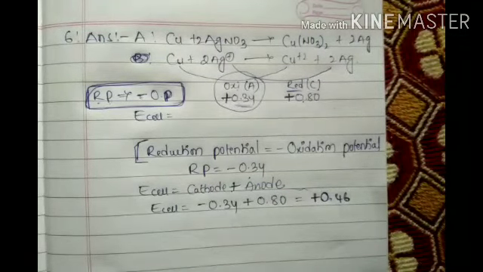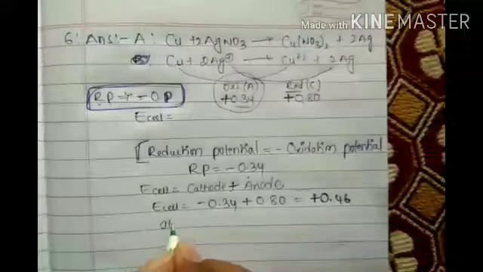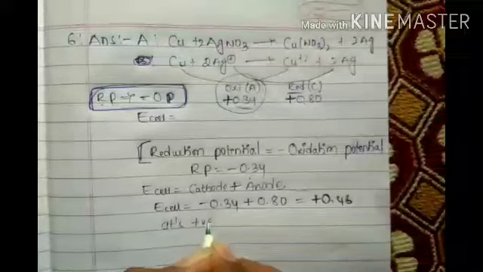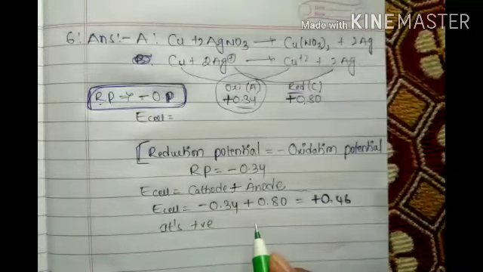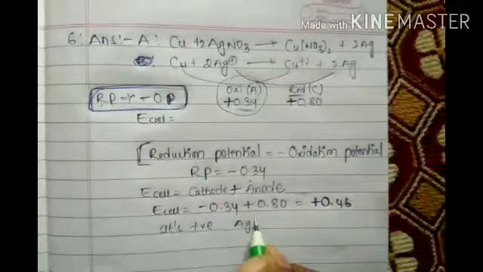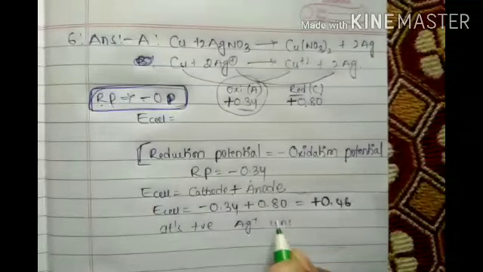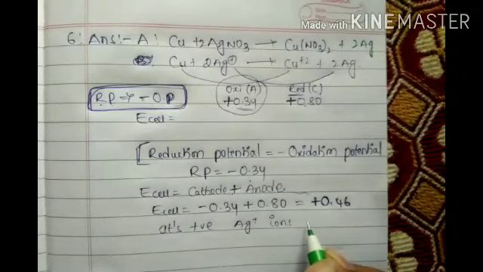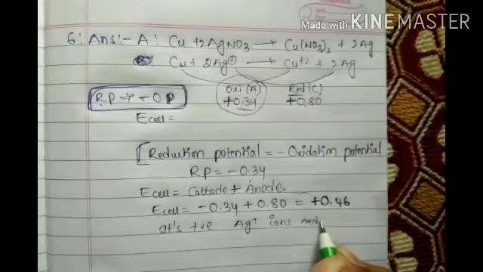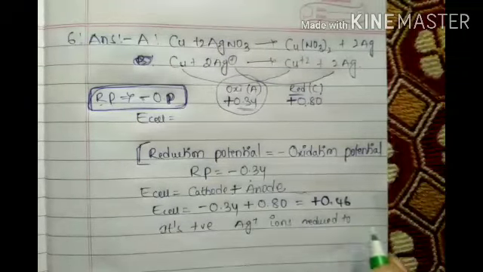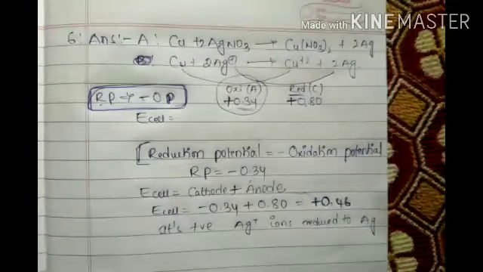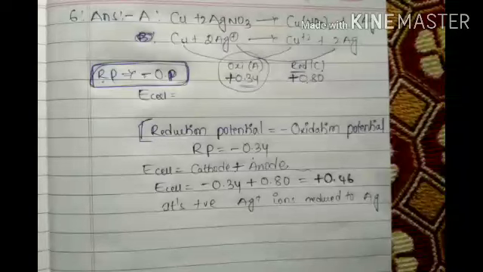Positive 0.46. It is positive. Hence, Ag+ ions are reduced to Ag. So what is he asking?